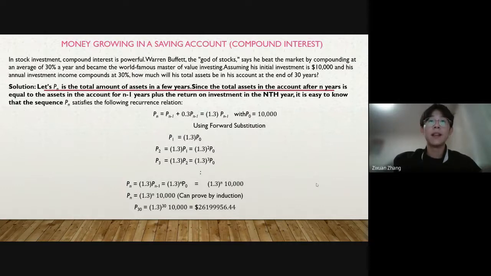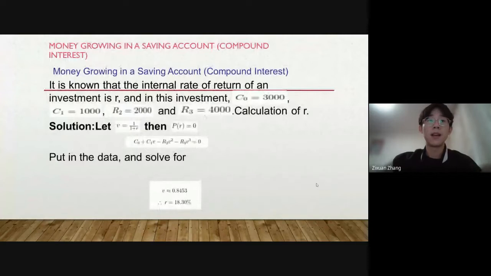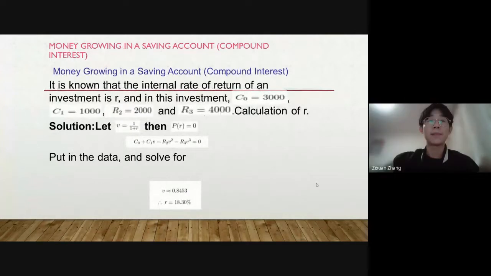Solution: let u equal 1 divided by 1 plus r, then P(r) equals 0. Put in the data and so forth, and we can get the answer. Next page.